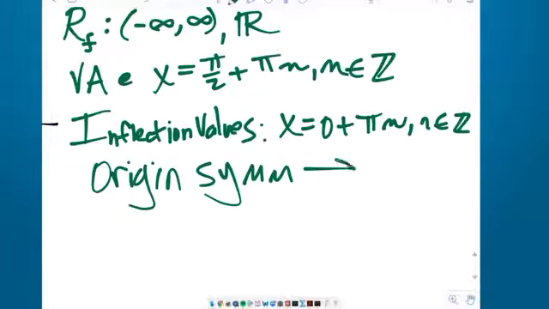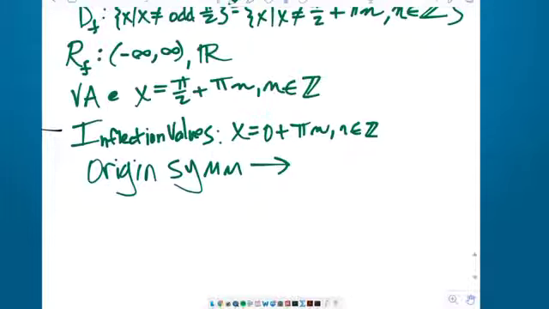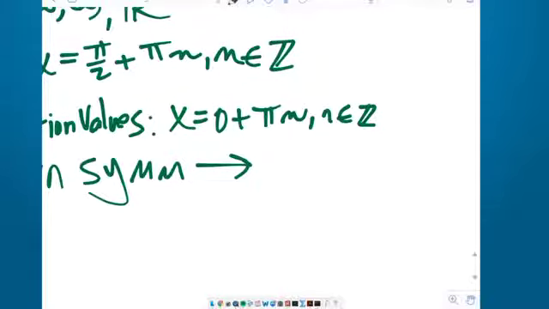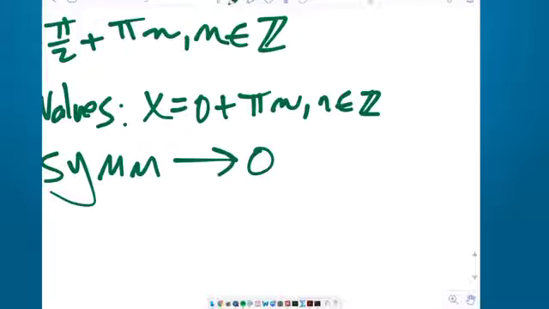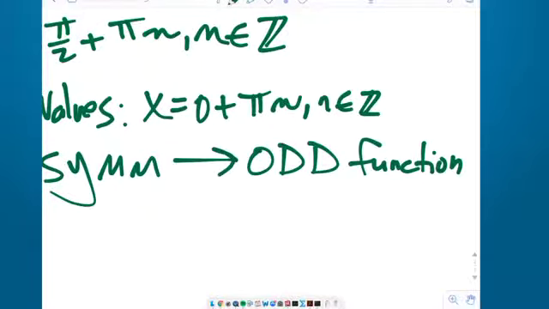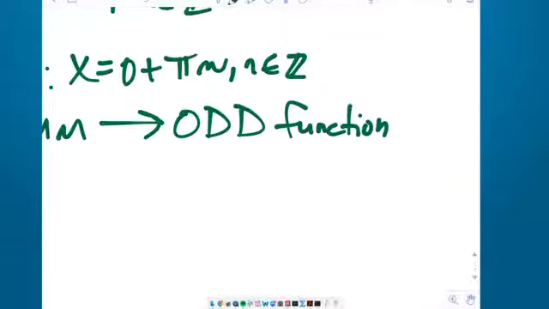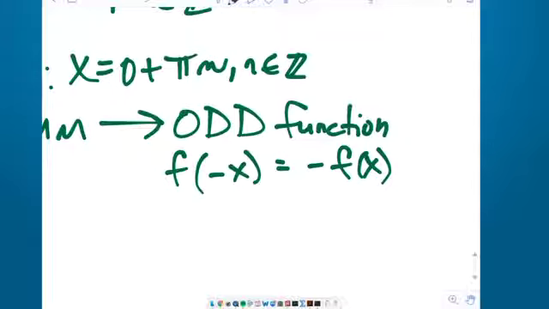which means that it's what? Even, odd, or neither? Odd starts with O, so does ostrich, and the word odd. It's an odd function. And remember what an odd function means in general. It means that f of negative x is the opposite of f of positive x.